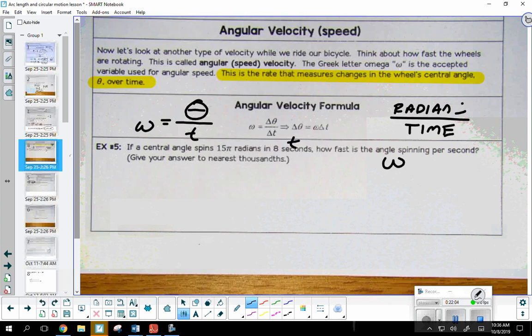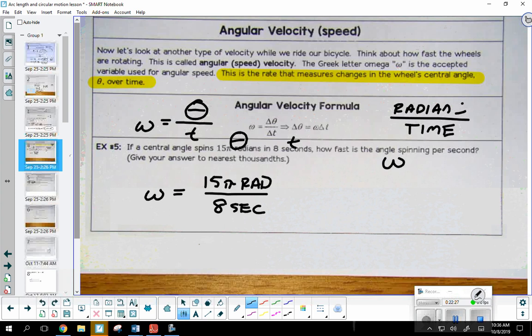What do you think the 15 pi radians is? Yeah, that's my angle theta. That's how fast it's rotating with respect to time. So I'm just going to go ahead and apply this formula. Omega equals 15 pi radians per 8 seconds.